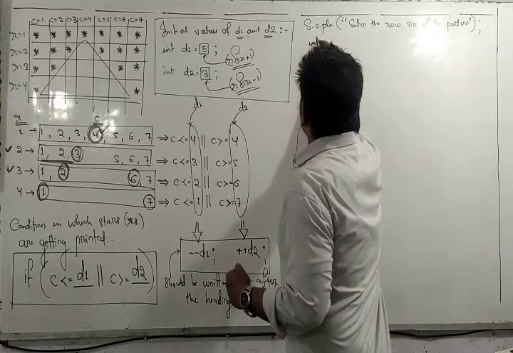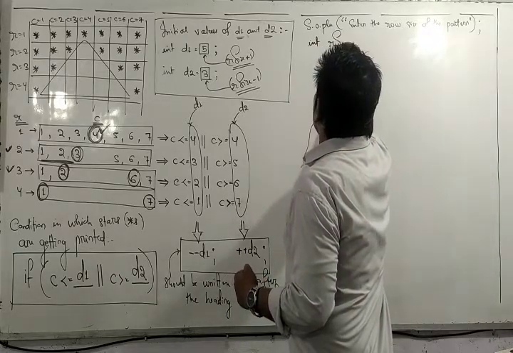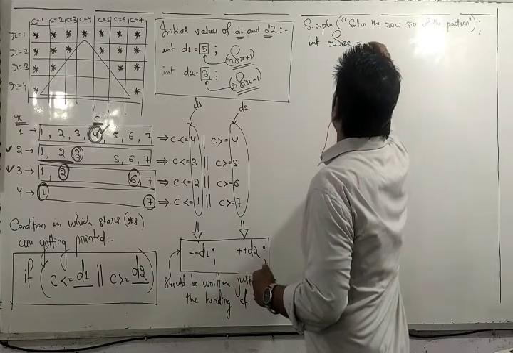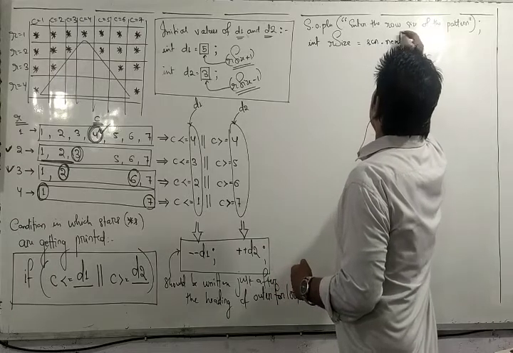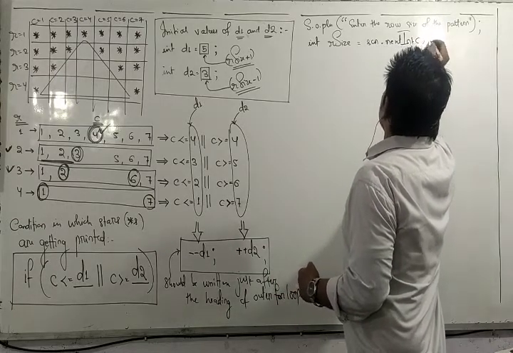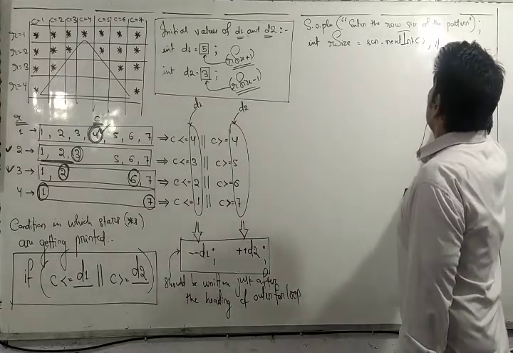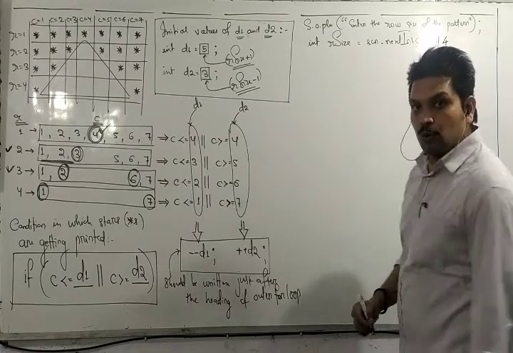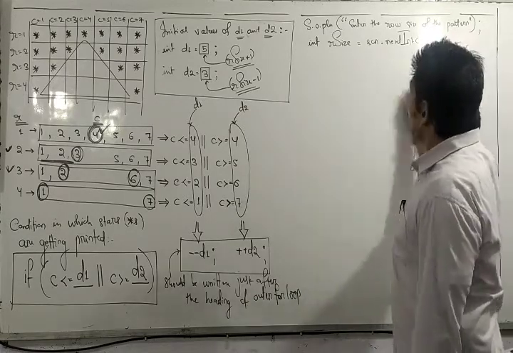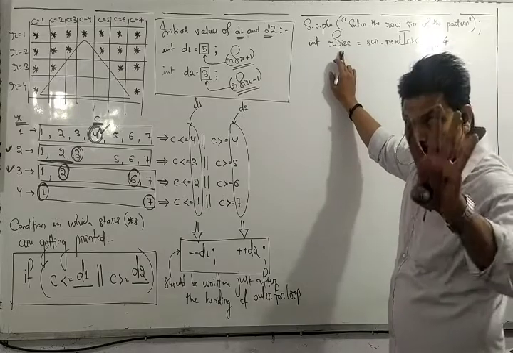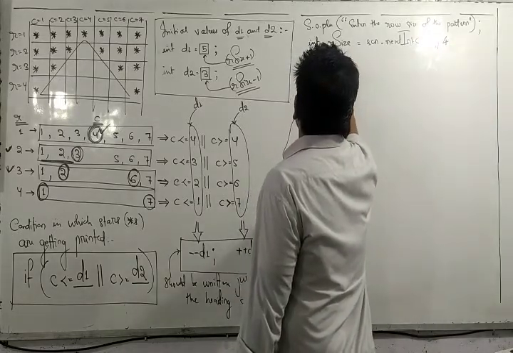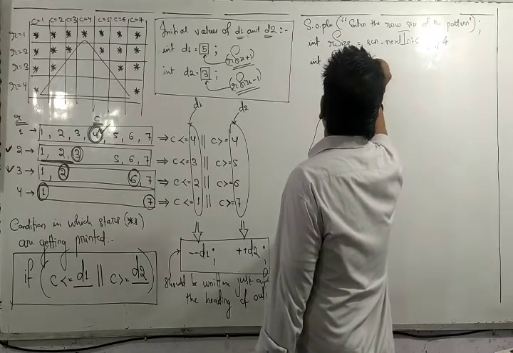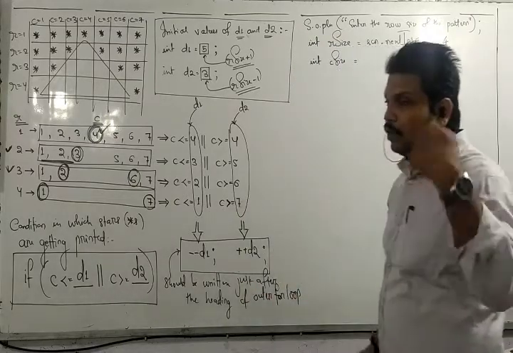We will store the row size in variable rSize, that is equal to scanner object dot nextInt. Assume the user has given value 4. So rSize is holding 4. Okay. Then int cSize is equal to, we have to calculate. We cannot take the value from the user.